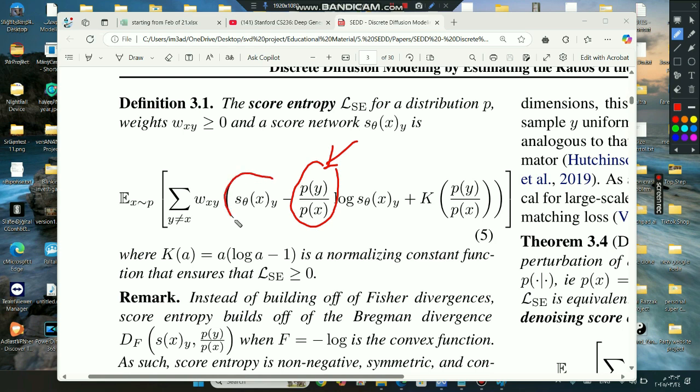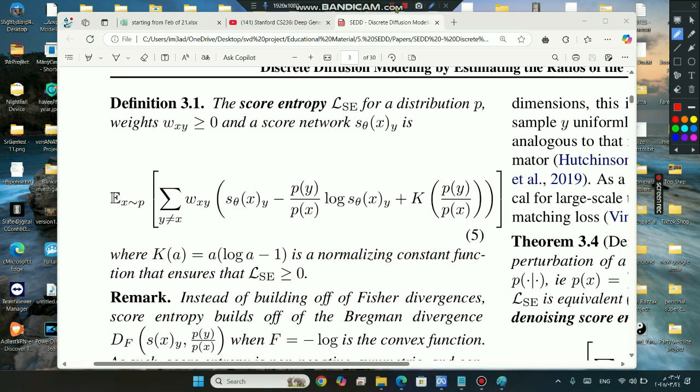And this is the neural network, or the model, that we will train to predict the ratios. It's at the heart of this loss function over here.